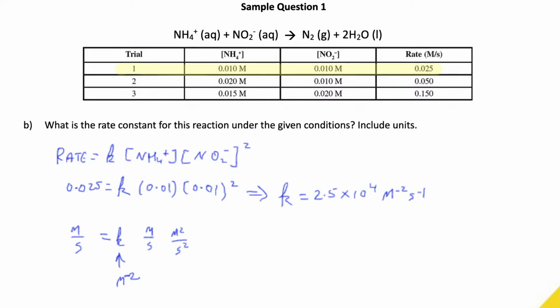And notice that at the bottom, I have 3 s's, I have one here. Well, hold on. Yeah, okay. So this should be an s minus 2 as well. So that's how you would get the rate constant.